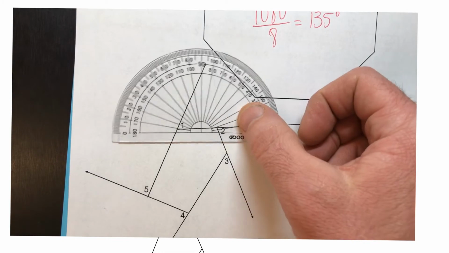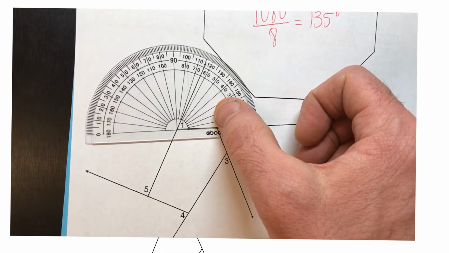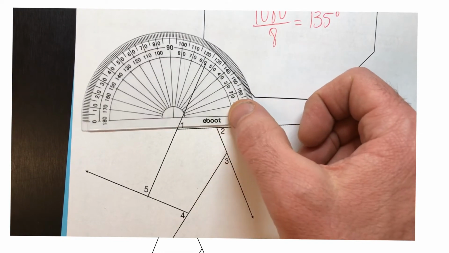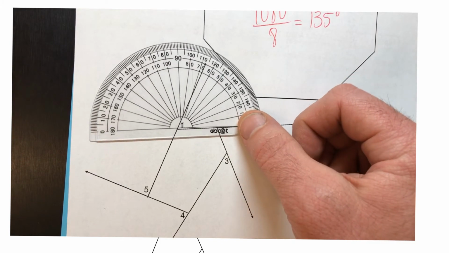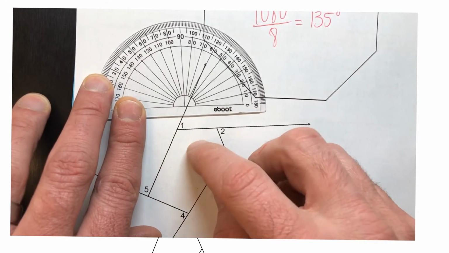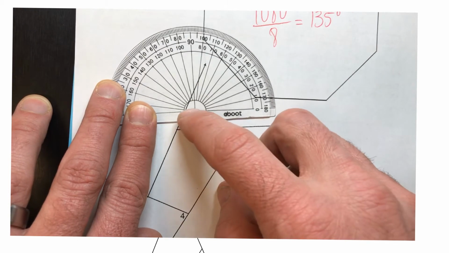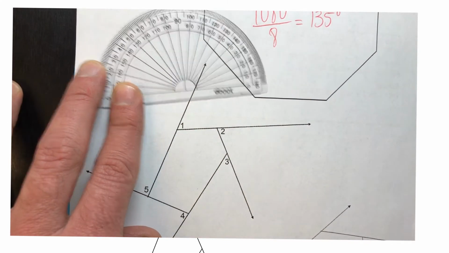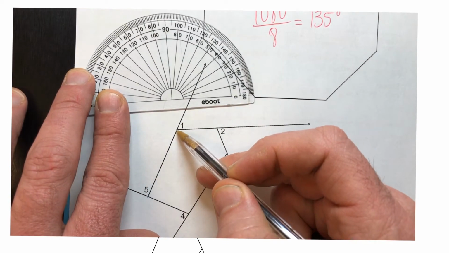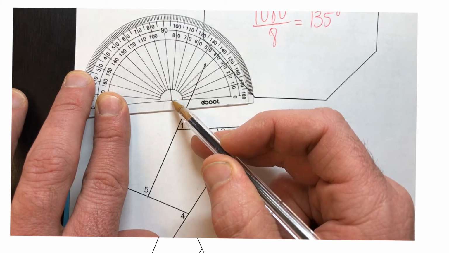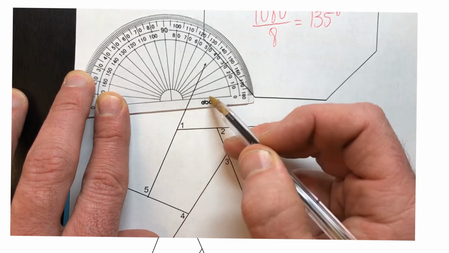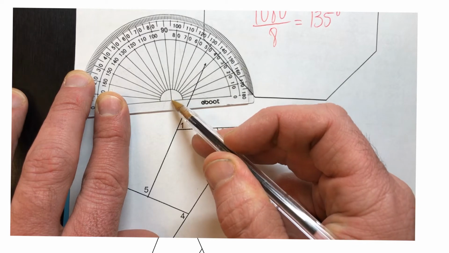All right? So go ahead and use your protractor and measure angle 1 real quick. Remember, when you measure it, you get this line on the paper matched up to this line on the protractor, and that vertex to this vertex. So line to line and vertex to vertex.